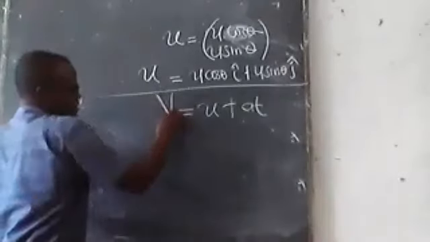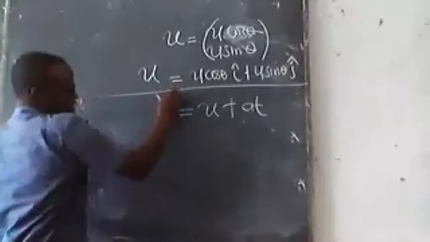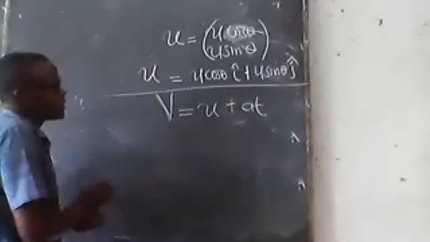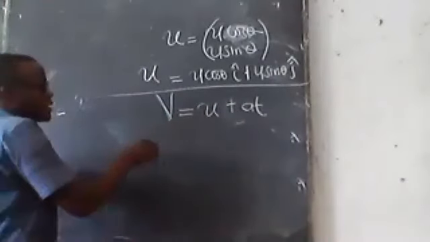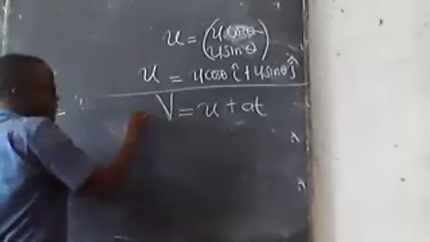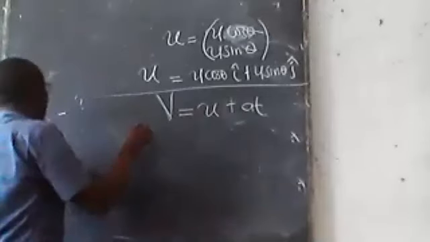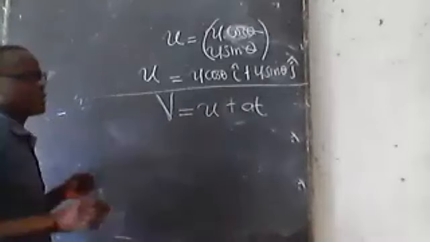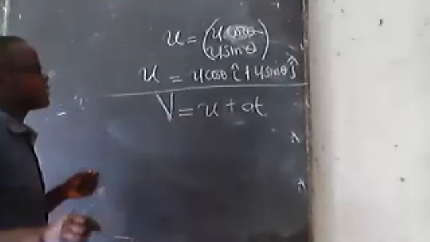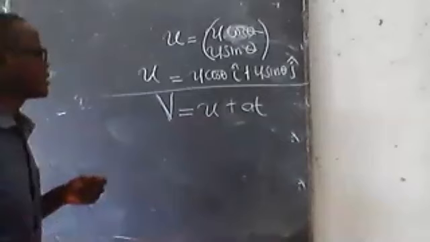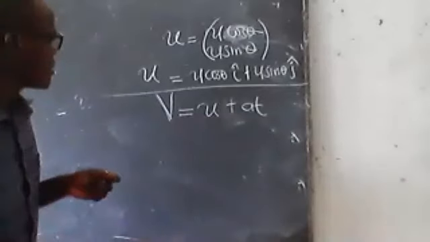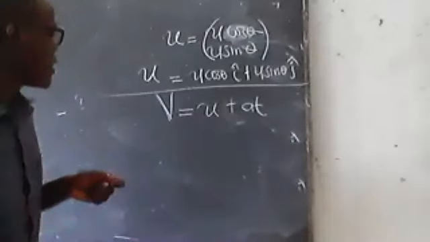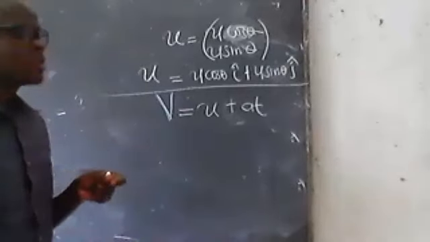But remember, when we are dealing with projectile motion, I told you the other time that we divide the motion into parts, the horizontal and the vertical. So we are using our first equation of motion to find the two velocities: the velocity corresponding to the horizontal motion and the velocity corresponding to the vertical motion at any given time t.